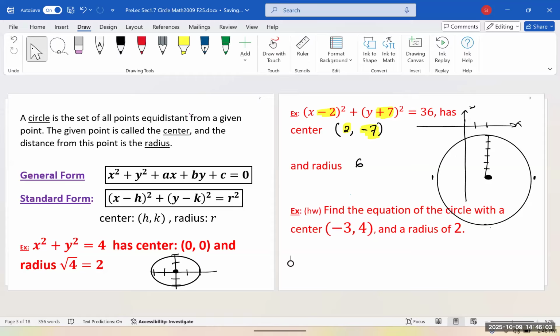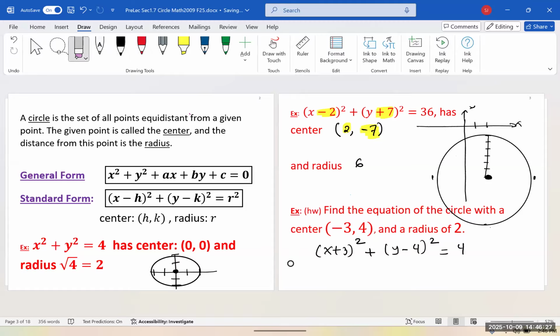The next question is asking to do the opposite. I'm giving you the center and I'm giving you the radius. Tell me what the equation would be. Johnny. X plus 3 squared, plus y minus 4 squared equals 4.